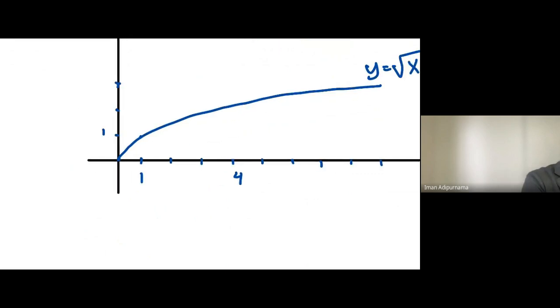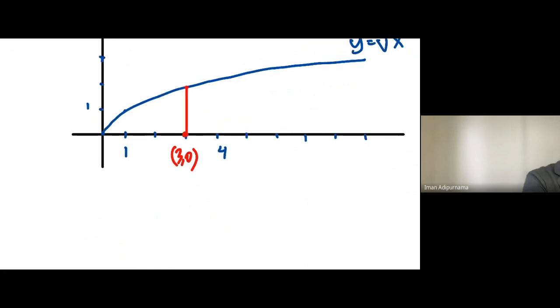And then the point (3, 0) is here. And if you look here, I think this will be the shortest distance. Let's say this is our point (x, square root of x).